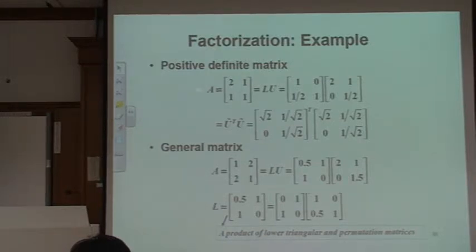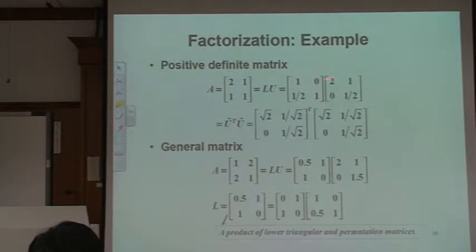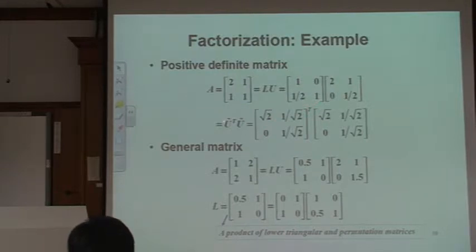If A is a positive definite matrix, we can use LU decomposition in this form, and we can rewrite it like this, dividing by the square root of 2 on both sides, and we get the same thing.